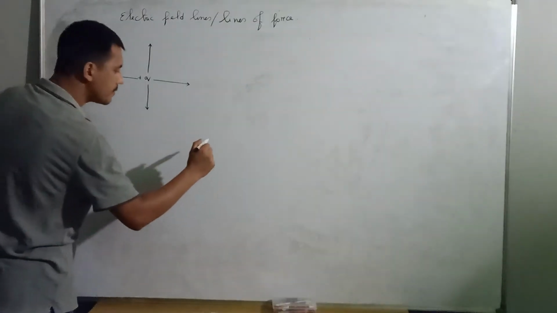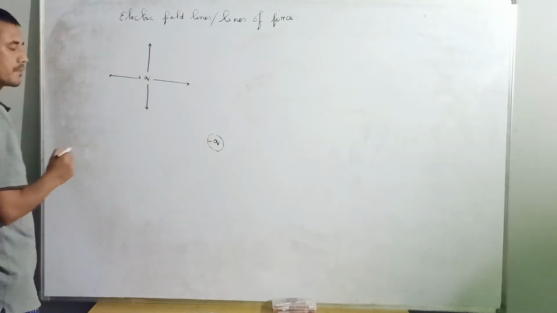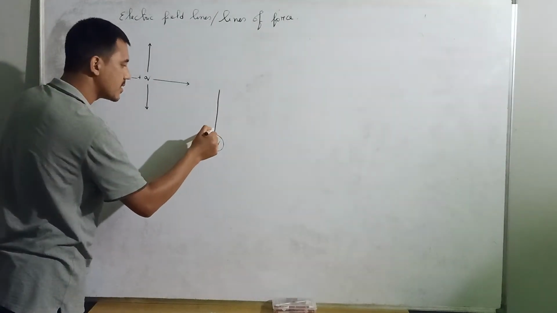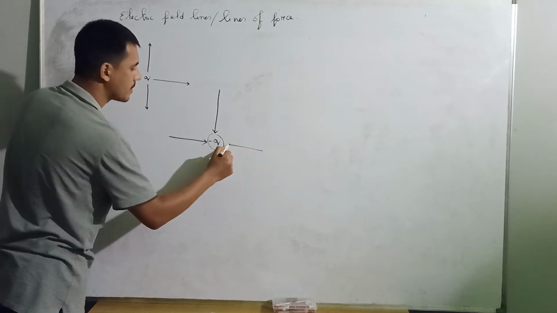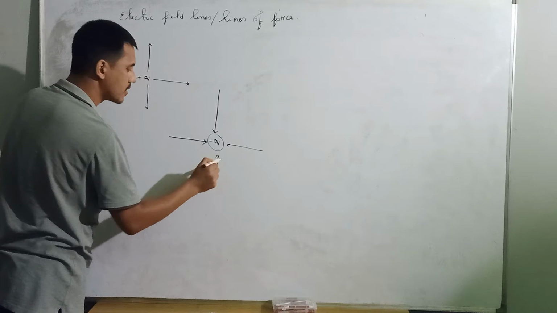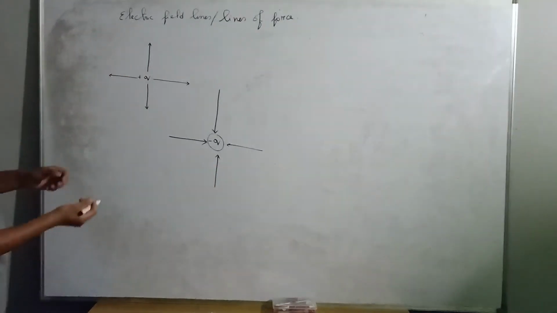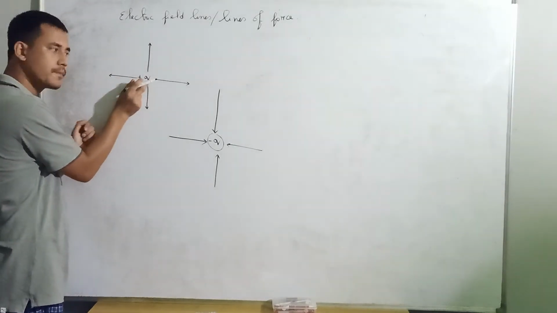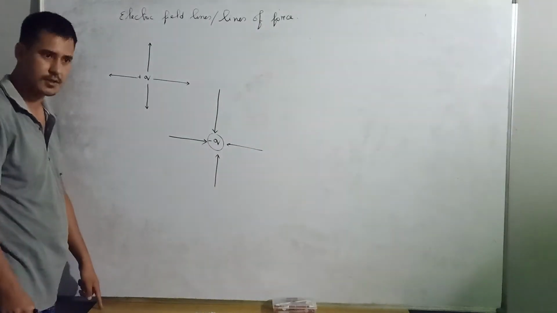And for a negative charge, say minus Q, the electric lines of force are directed radially inwards. So the electric field lines originate from a positive charge and terminate on a negative charge.